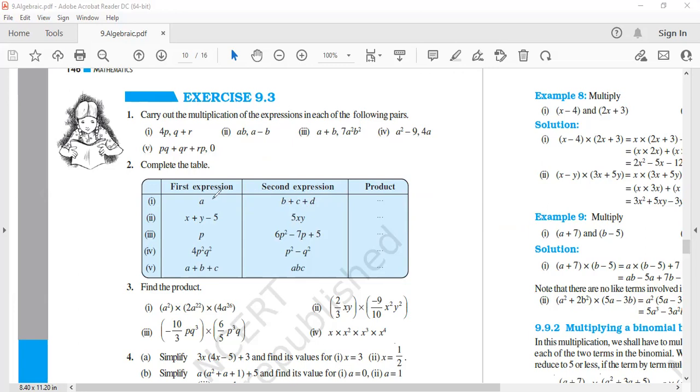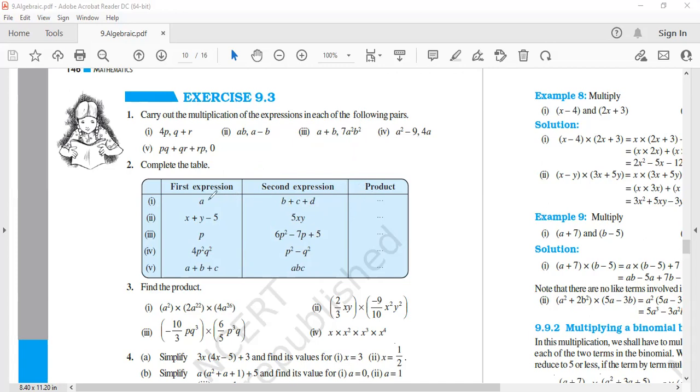Okay. Now complete the table for the second question. Let us try to solve this question. This is a monomial, this is a trinomial, and so on: trinomial, monomial, binomial. Here the process is monomial by trinomial, and monomial into binomial is also there in some questions. So this one is just a binomial.